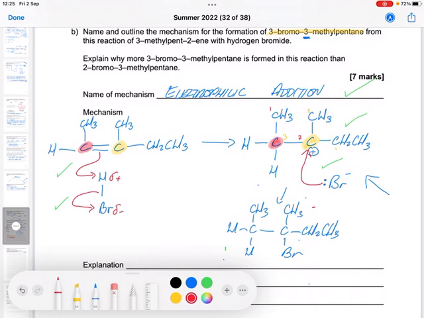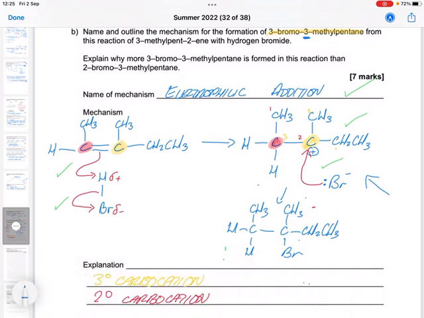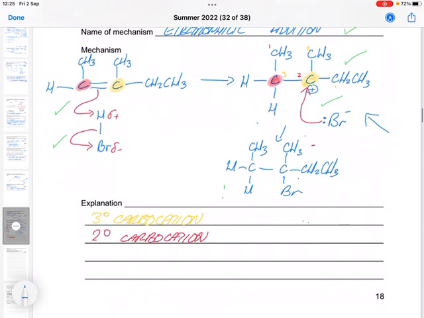You actually have to state which one. So you've got to classify what both of these structures will be. So the tertiary carbocation is more stable than the secondary carbocation. Okay, so that will be one of the marks.